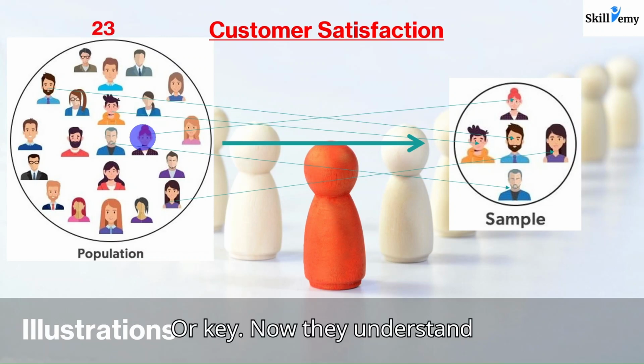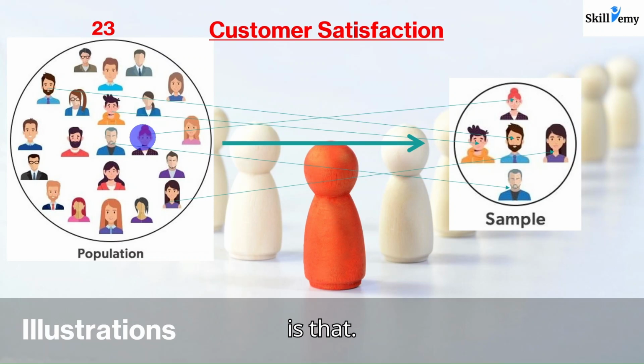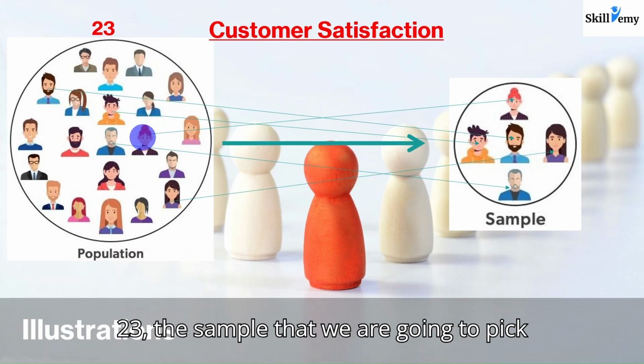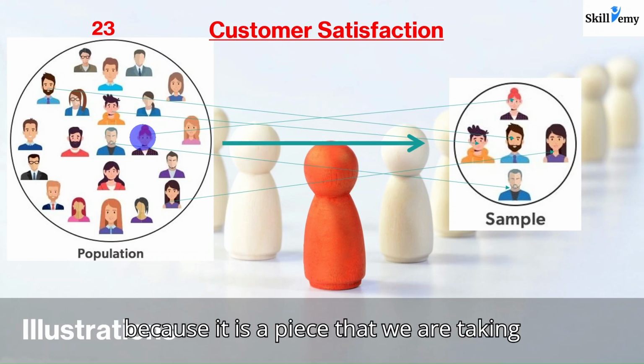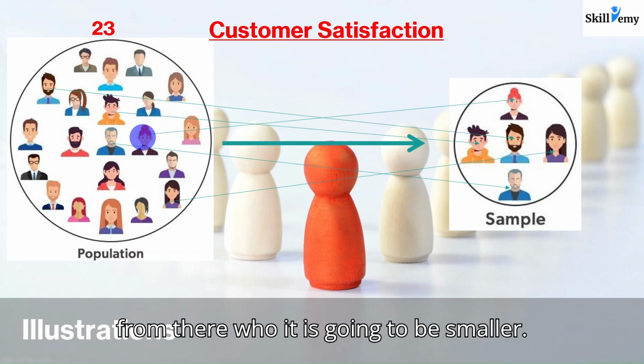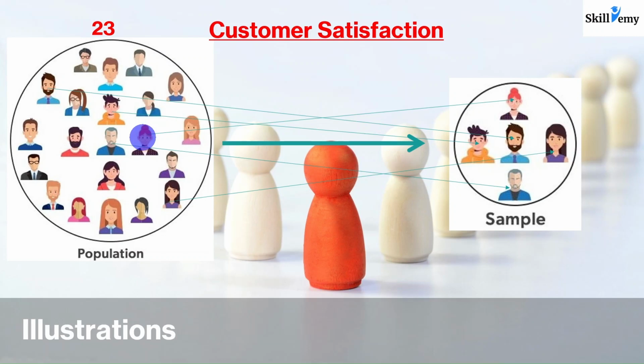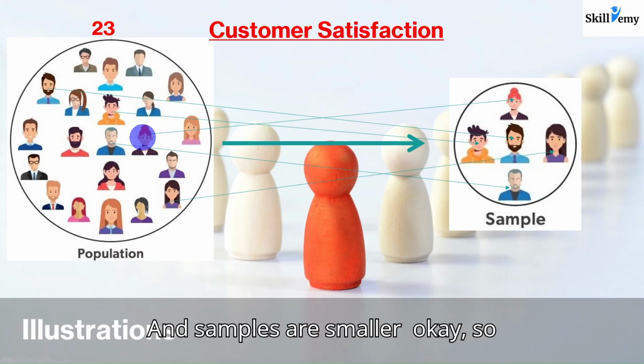Okay. Now, the understanding is that in as much as our population is 23, the sample that we are going to pick, because it is a piece that we are taking from a whole, is going to be smaller than the population. So at all times, populations are bigger and samples are smaller.